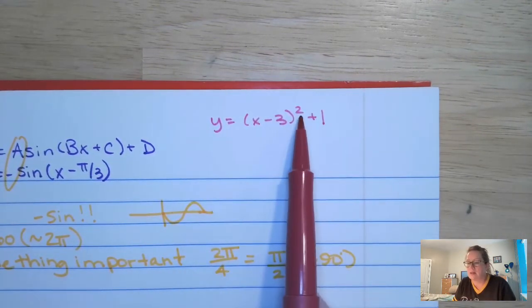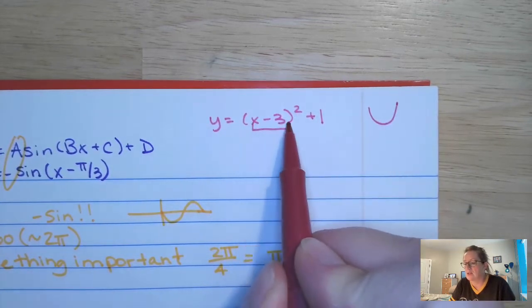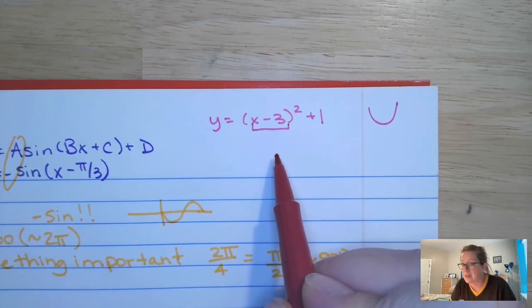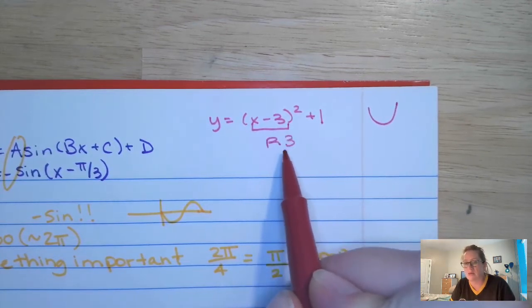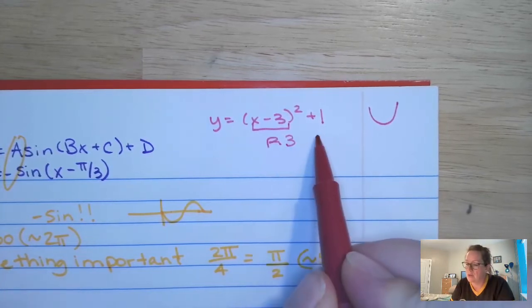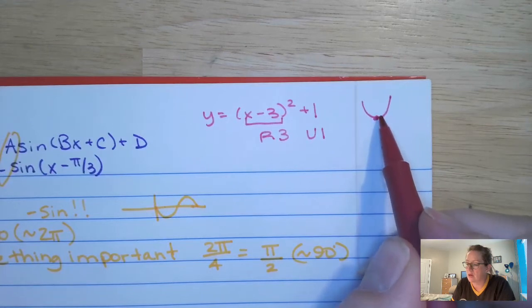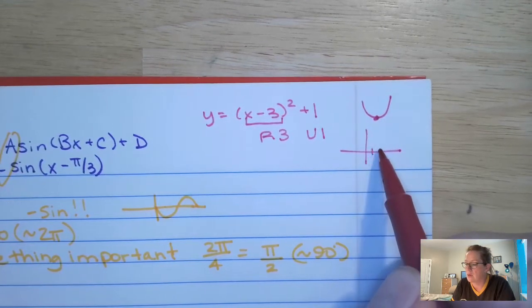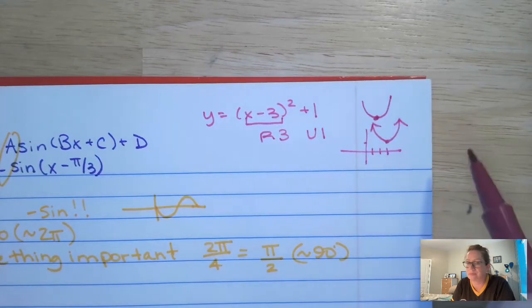We knew based on the square, the parent function was a parabola. This told us our shifts, but it was opposite, correct? So this would really be right 3, because you think negative is left. Nope, it's opposite, it's right. So this would be right 3, and then this one follows up 1. So taking the vertex, I would go right 1, 2, 3, and then up 1, and here's my parabola.